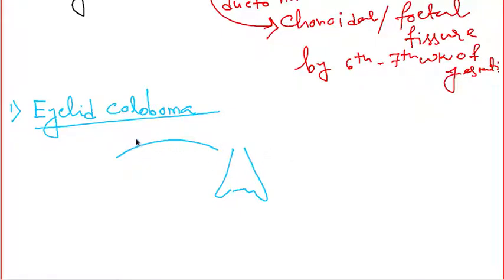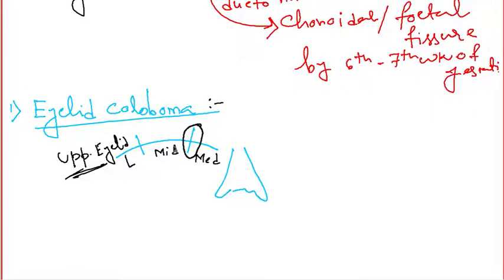Eyelid has three parts: the lateral part, the middle part, and the medial part. This eyelid coloboma is common in the upper eyelid, not in the lower eyelid, most commonly seen at the junction between the middle and medial 1/3.